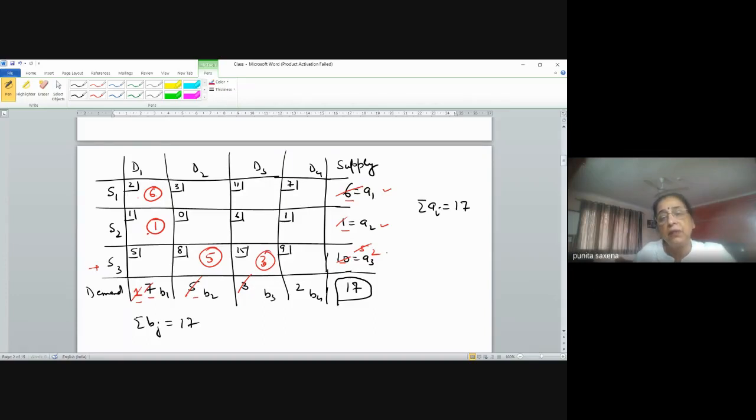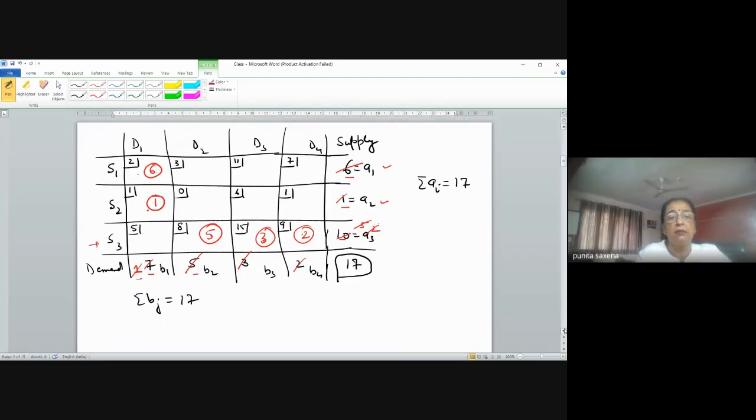Horizontally. And in this cell, between 2 and 2, you allocate 2, and as a result, everything is exhausted. So basically, the third supply is giving 5 units to the second destination, 3 units to the third destination, and 2 units to the fourth destination.